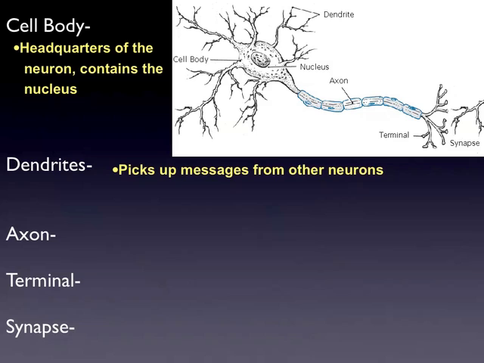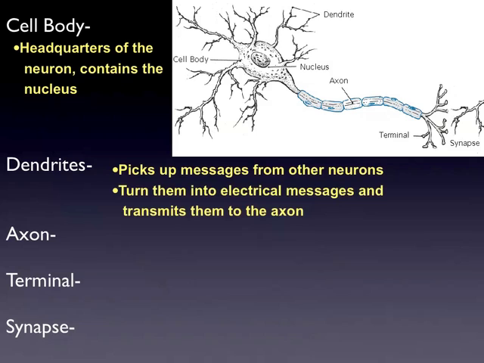When they do get a message, they start sending that message along. They convey the message or forward it on. And that message gets turned into an electrical signal that starts to move through the neuron. It goes into the cell body and travels down the axon. The axon is this elongated part of the neuron.